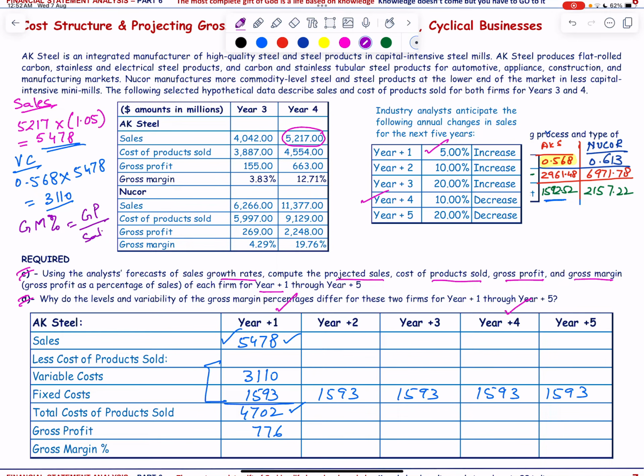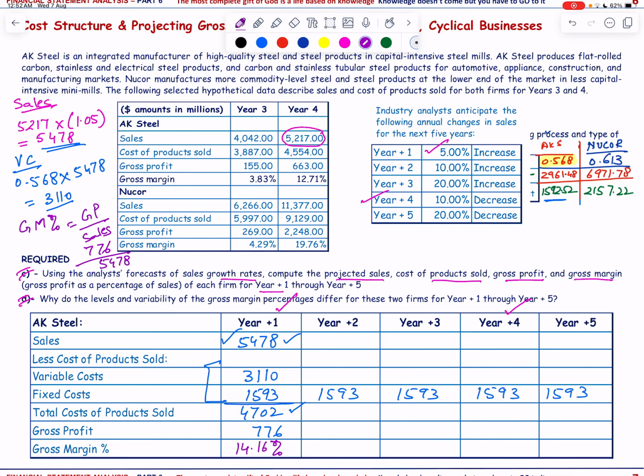So the gross profit in our case is 776 and the sales is 5478. So this will be equal to 14.16%.